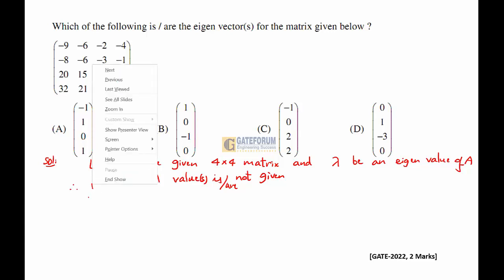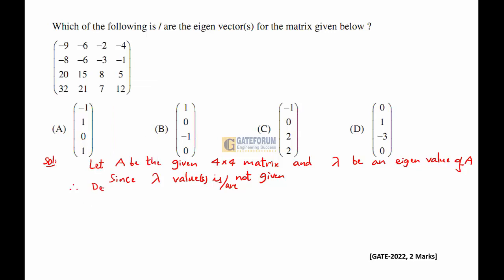Denote each vector in each option by x. Whichever satisfies A into x is equal to lambda into x.